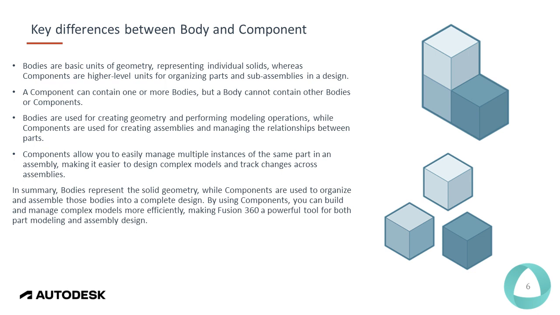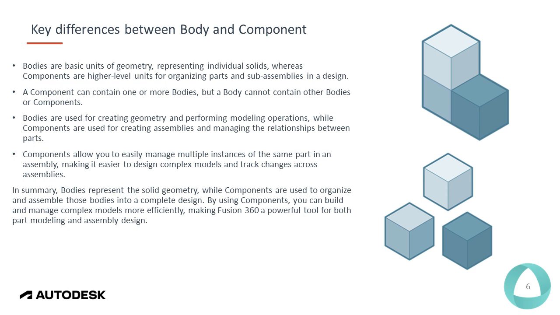Bodies are used for creating geometry and performing modeling operations, while components are used for creating assemblies and managing the relationships between parts. Components allow you to easily manage multiple instances of the same part in an assembly, making it easier to design complex models and track changes across assemblies.